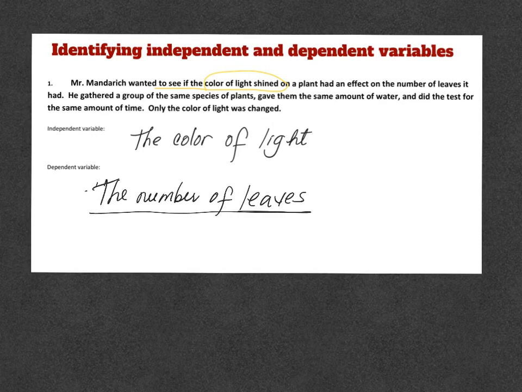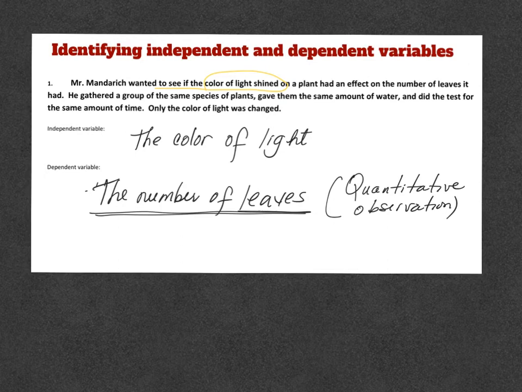When you are recording this, number of leaves, is that a quantitative or a qualitative observation? Quantitative. Why? Because it's a number. Because you're going to use numbers. Understand that? Okay, next example.